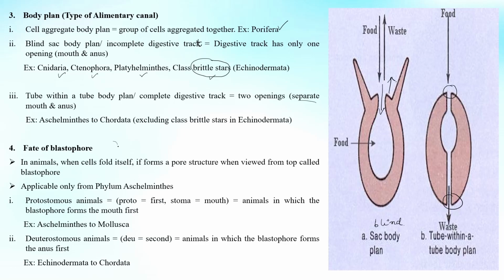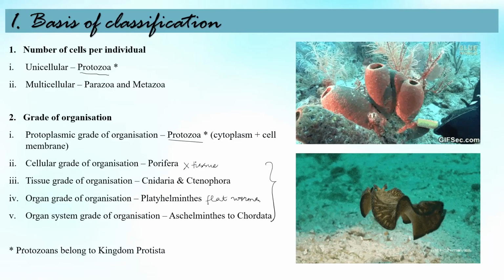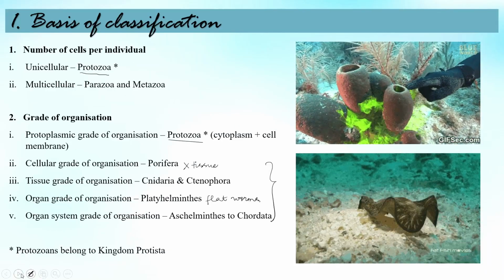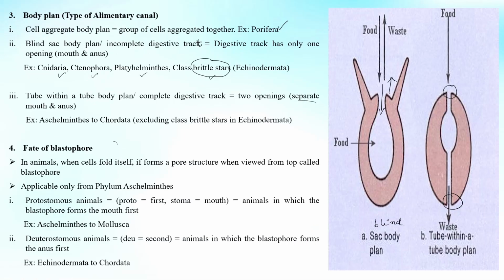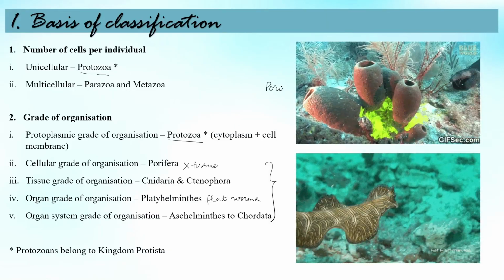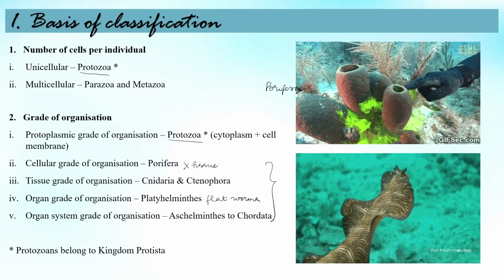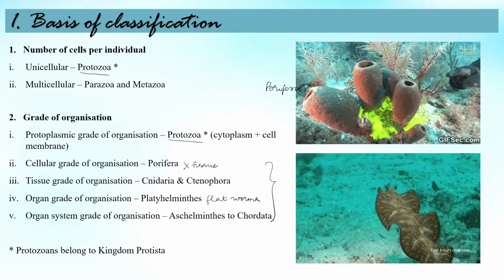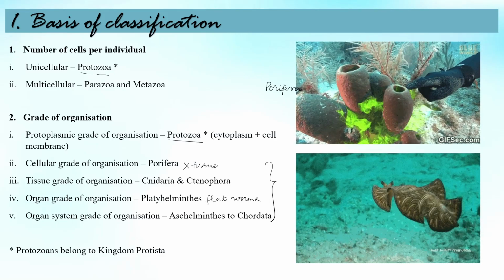next video. So I hope you have understood the number of cells per individual, grade of organization, and body plan, that is the type of alimentary canal. So if you see this GIF image here, this is going to be a porifera member. So how a person is injecting some color here and it is going to come from the top.